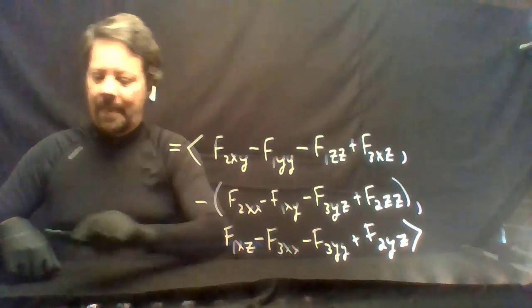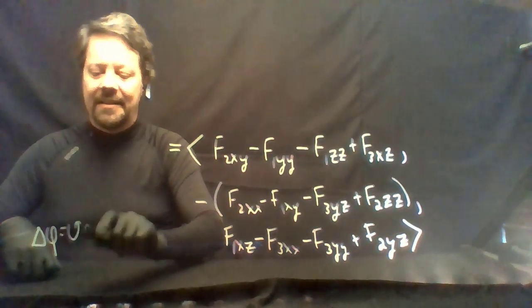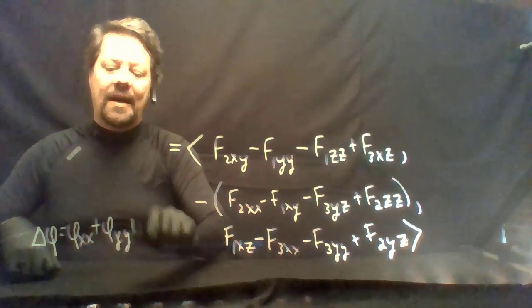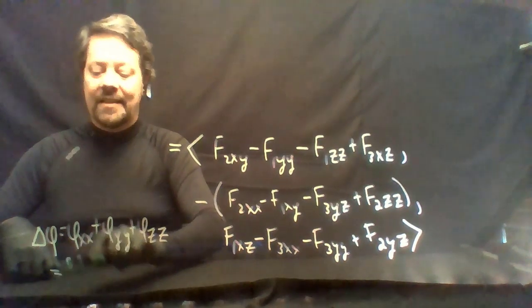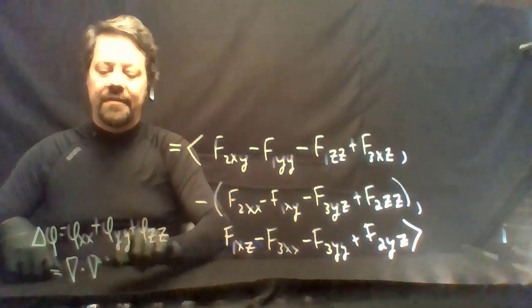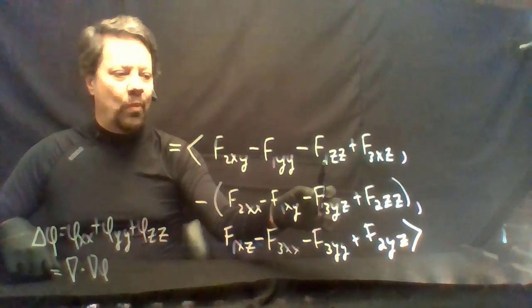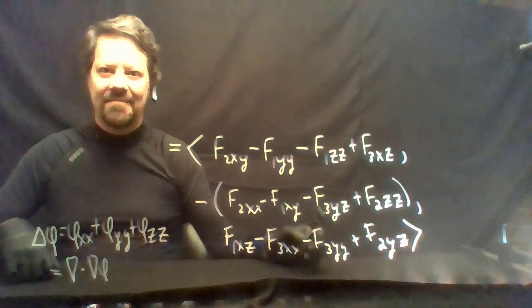Now, notice the Laplacian of a function phi is phi xx plus phi yy plus phi zz. That's what you get after you take the divergence of the gradient. We almost have that on f1. We're missing the f1 xx.